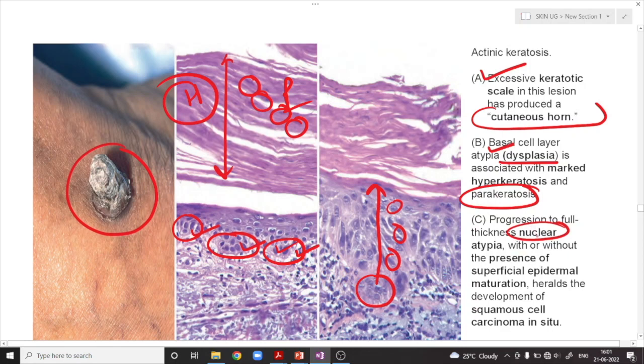There is full thickness atypia over here, and there might or might not be superficial epidermal maturation. This full thickness atypia is the in situ stage, and it is marking the development of squamous cell carcinoma in situ.